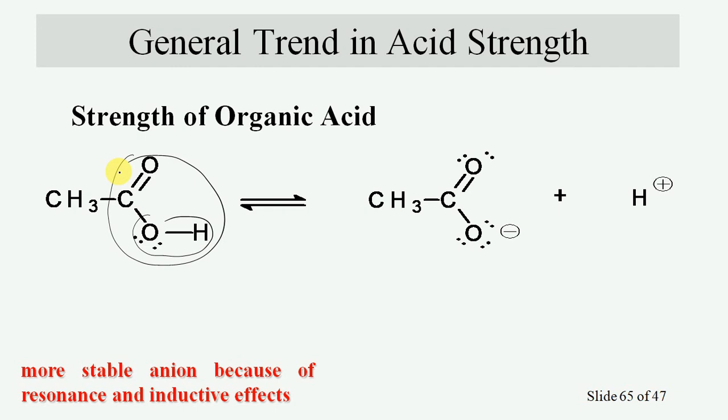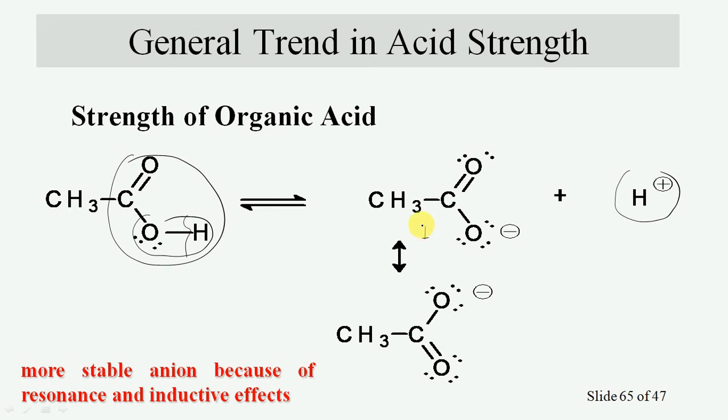Consequently, a proton is released as this bond can break and release a proton. So this one is the carboxylic acid and this one is the carboxylate ion. The carboxylate ion is stabilized by resonance, so this is structure number 1 and this one is structure number 2.